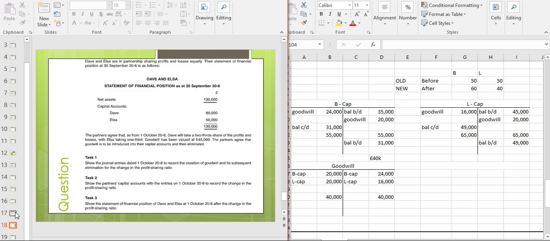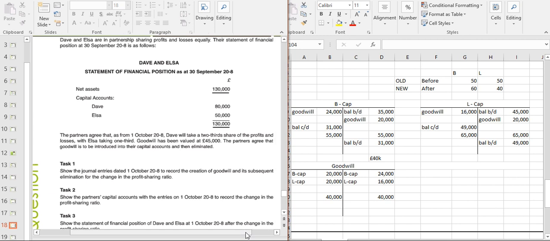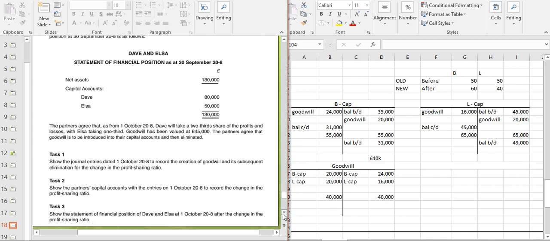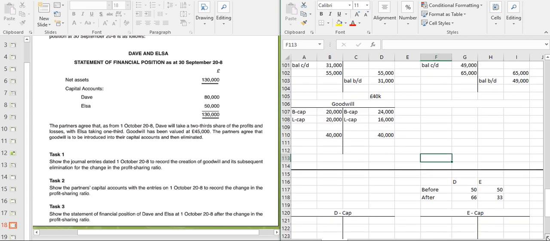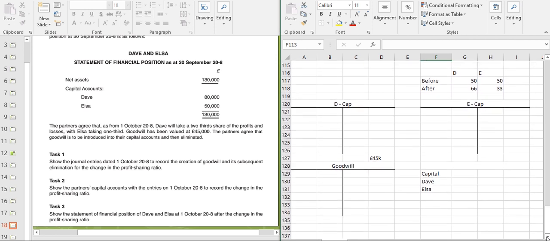Let's see what we have left. Now what I'm going to do is zoom in because I think that might be a bit too small for you. I must have done a format for this. What I'm going to talk you through is another question to do with a change to a profit sharing ratio.